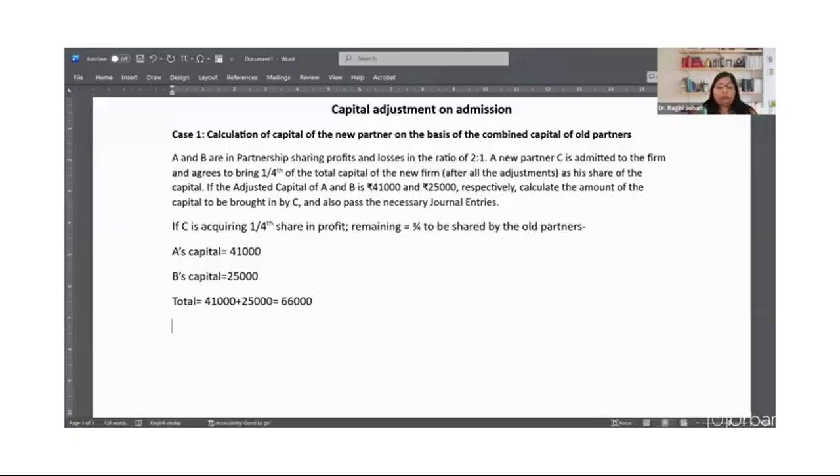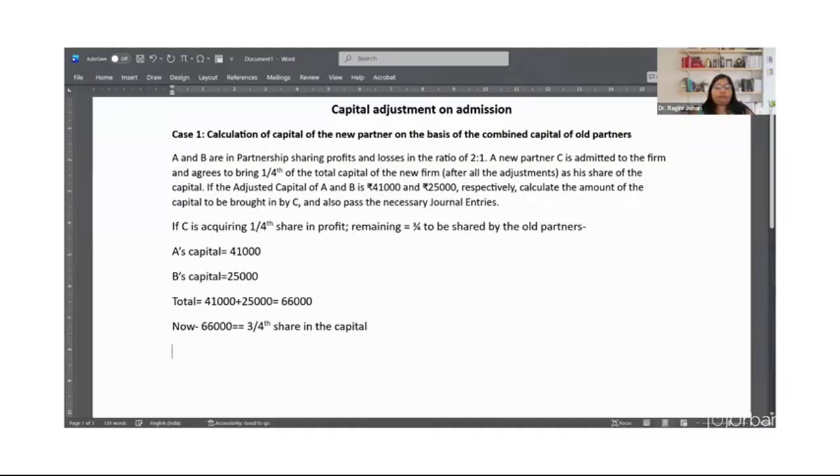Now this 66,000 capital is equal to the 3/4 share in the capital.